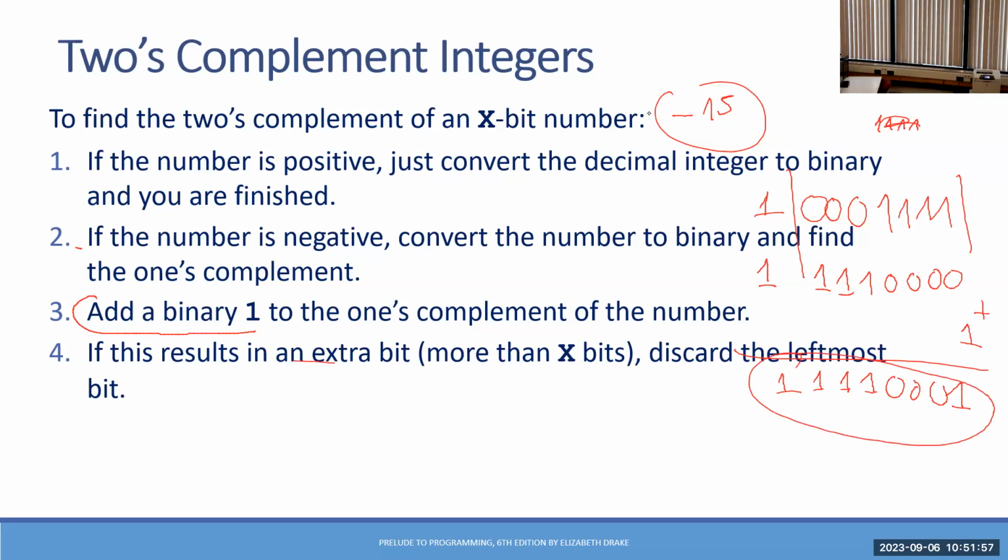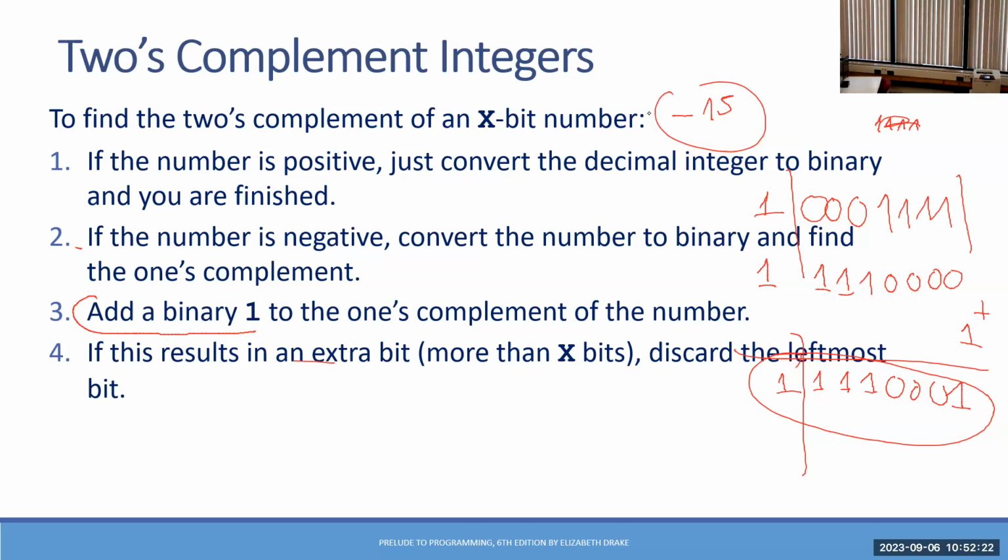That's all. That's the way you work with the 2 complement of that number. So if it's negative, you just add binary 1 to the one complement on the right side. You do not have an extra bit here. That's why you do not have to discard the leftmost bit.